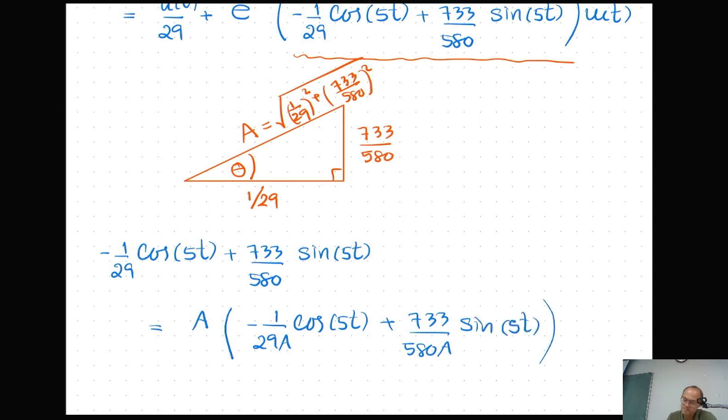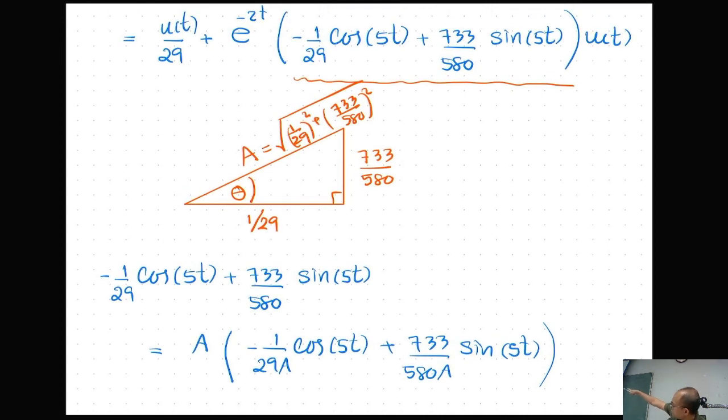I hope you guys are still with me. This is nothing at all. I just took A out of the parentheses. When I took A out, I have to divide A back in to make them equal.